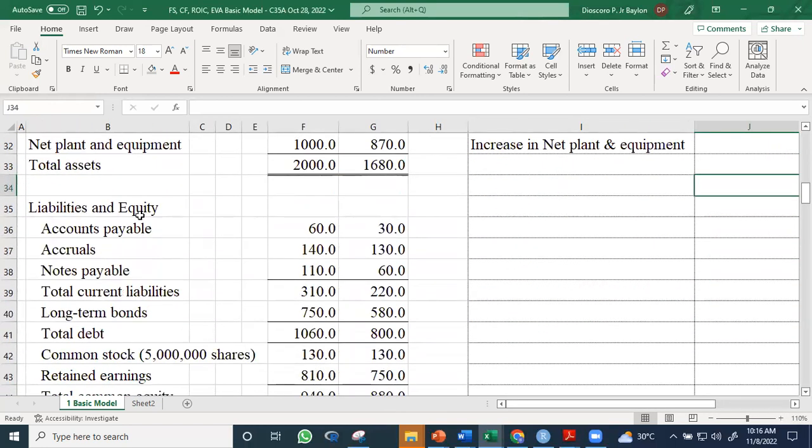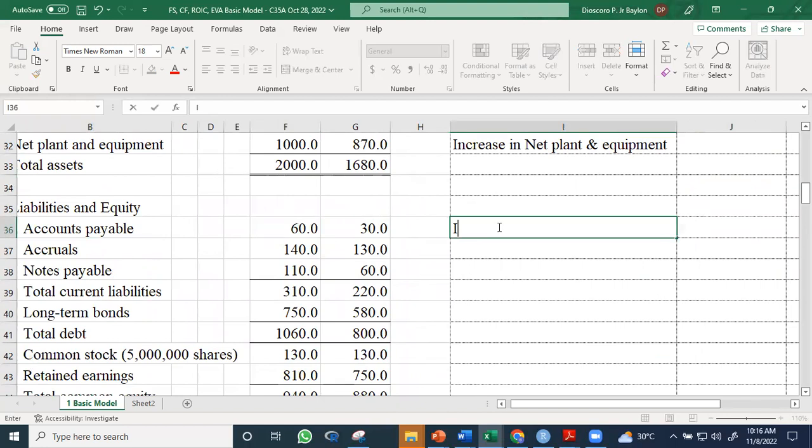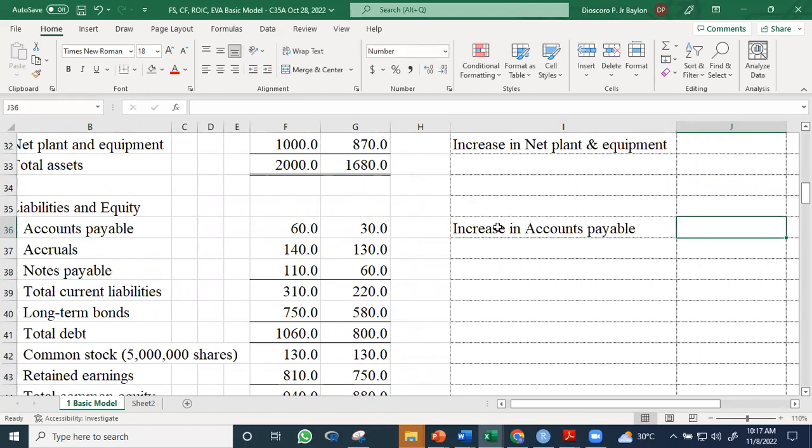Okay, let's go to liabilities and equity. Accounts payable. There was an increase from 30 to 60. So where will this fall under? Again, two letters, please. This is an increase in accounts payable. So where will this fall under?